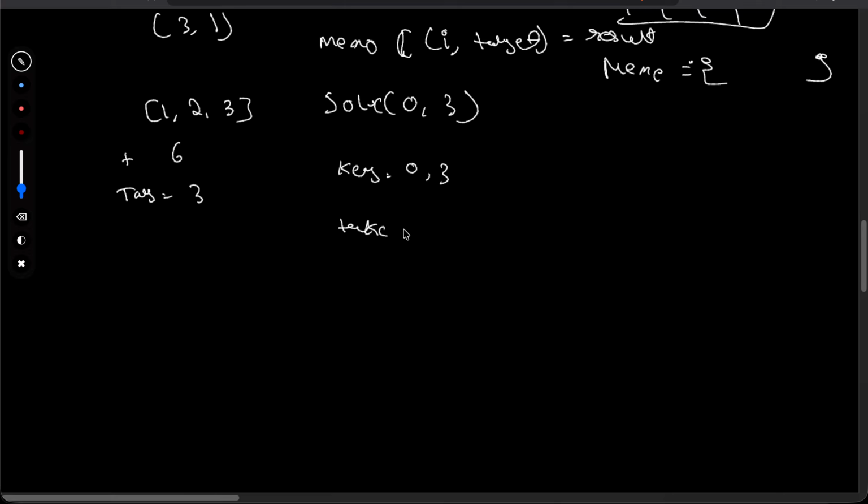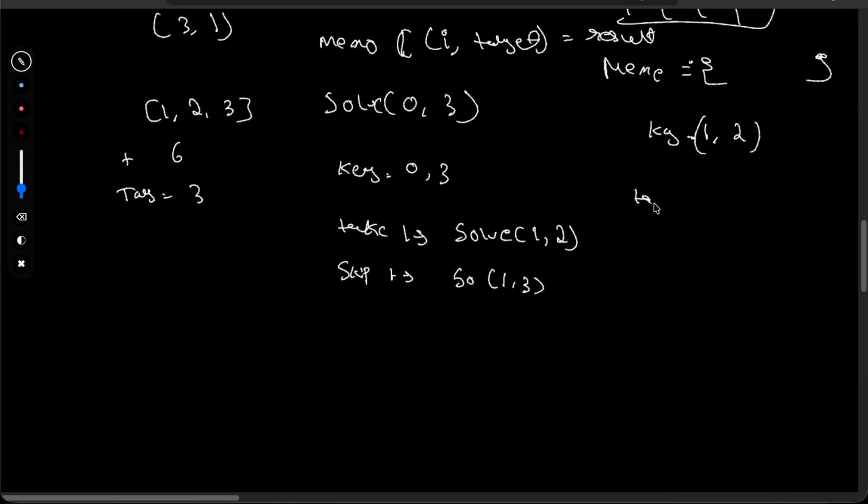If we take 1, solve of 1, 2. If we skip 1, solve of 1, 3. Next, key is 1, 2. Not present, so we choose take. If we take 2, solve of 2, 0. If we skip 2, solve of 2, 2.